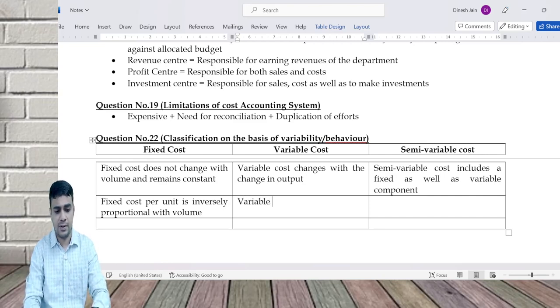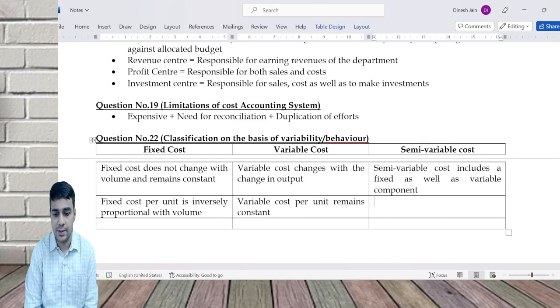Variable cost per unit remains constant. The variable cost at a per unit level will remain constant.